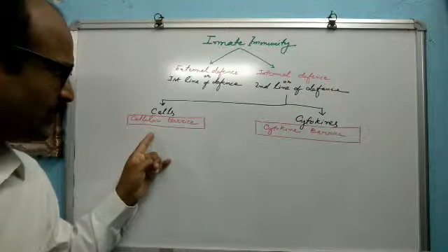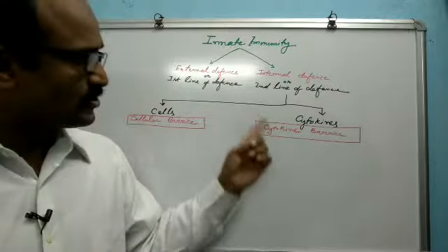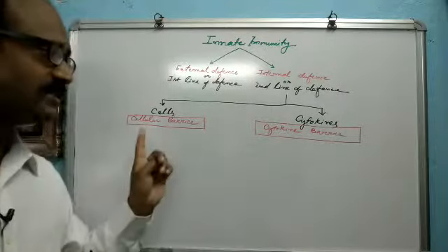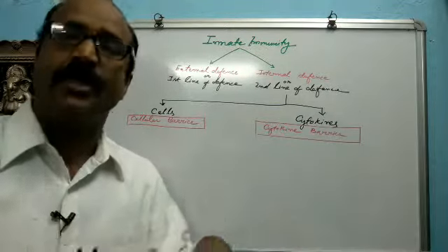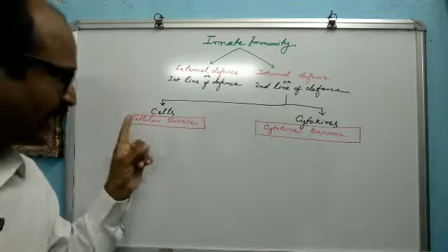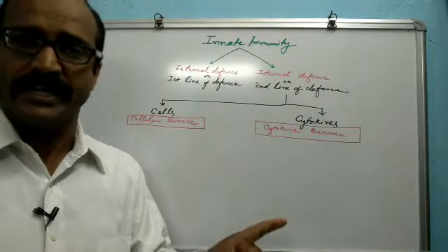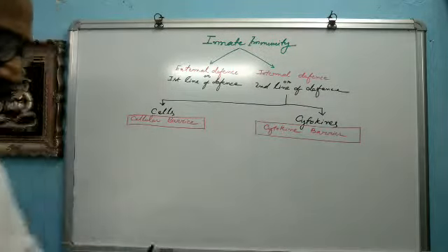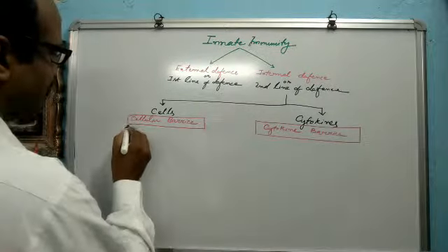The cellular barrier along with the cytokines form functionally different barriers.